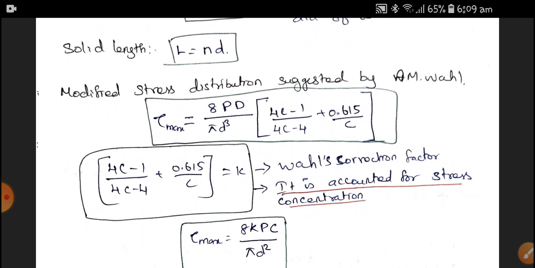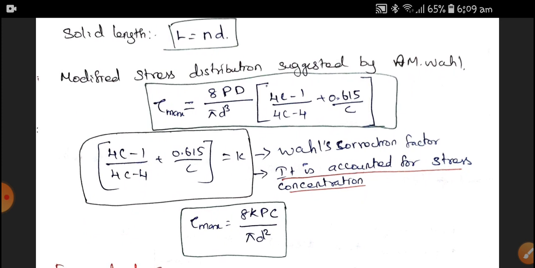He found that there is a correction factor. This correction factor will take care of the stress concentration due to the curvature effect as well as the direct stress effect. That is what he found, Wahl's correction factor K.